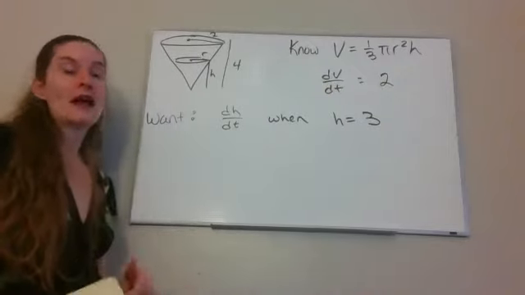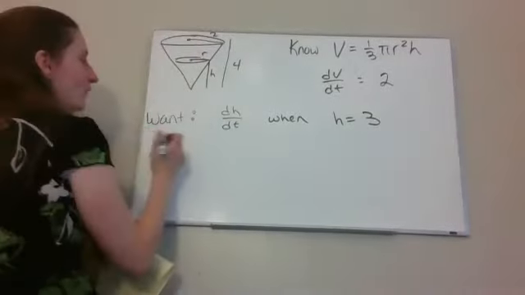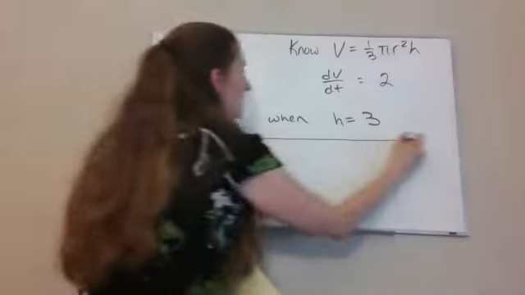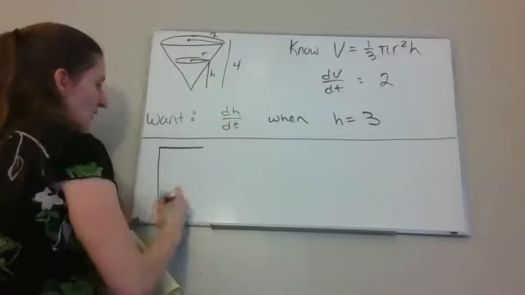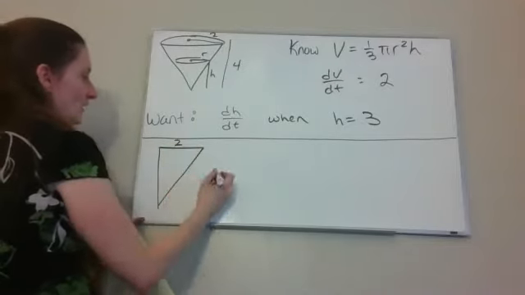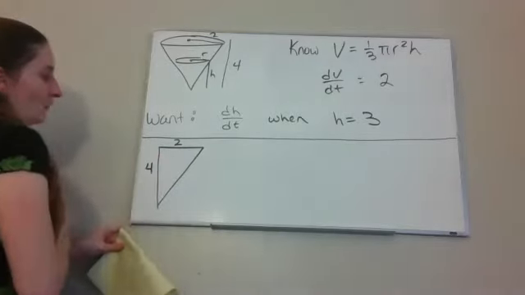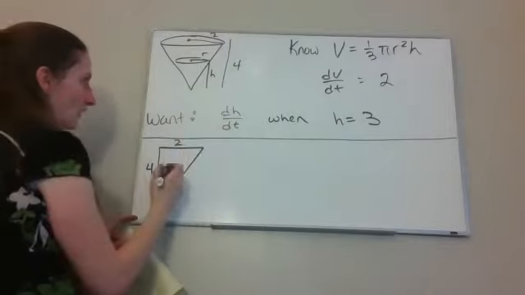But luckily, we have geometry to help us. I'm going to simplify this picture. Instead of looking at it as a cone, just look at the triangles. So I have a triangle here that's 2 and height 4. That's the triangle formed using the outside of the cone.